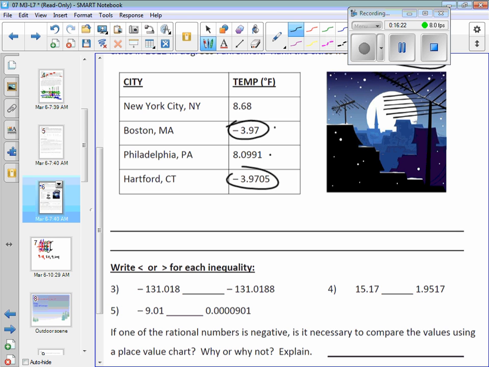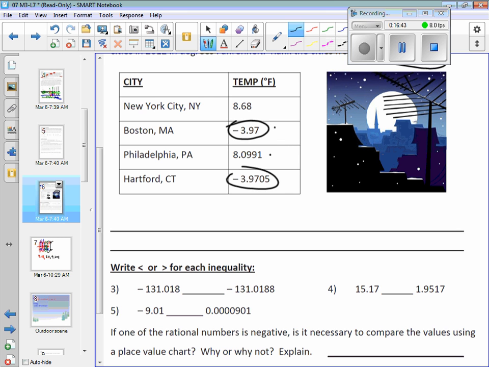What's my coldest? Pay. 3.97. Massachusetts. Wait, no. See, that's why we've got to be careful. It's not. And remember, it's negative numbers.